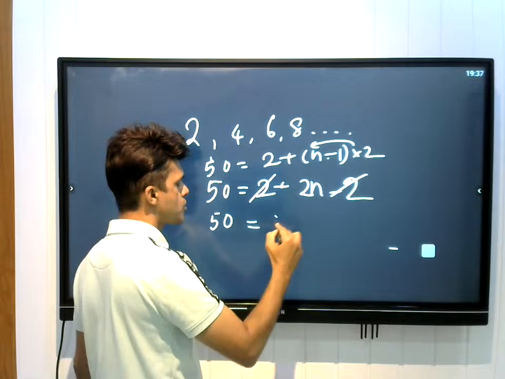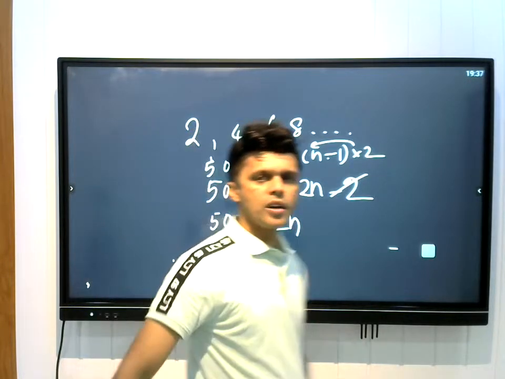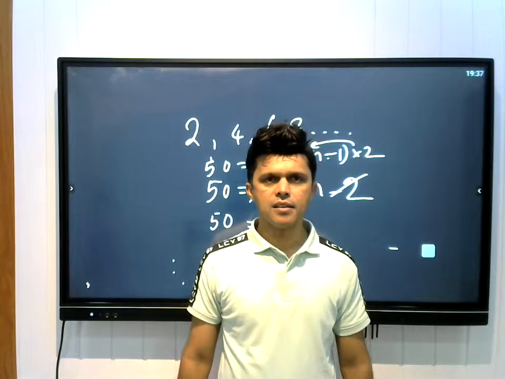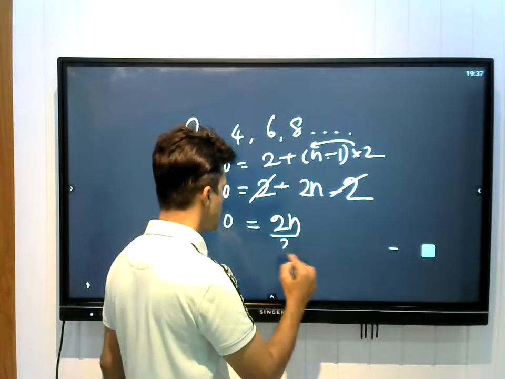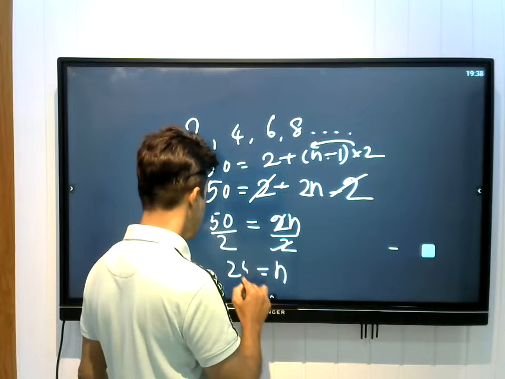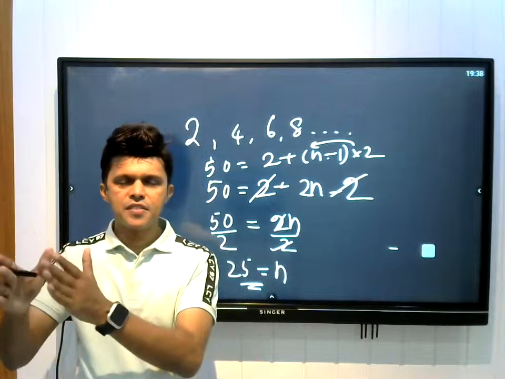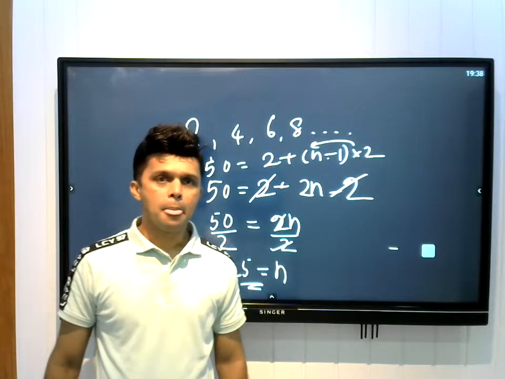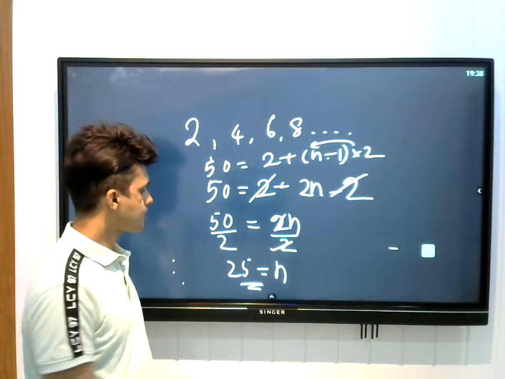So 50 equals 2n. This is an equation. Divide both sides by 2. So n equals 25. So which term is 50? The 25th term is 50.